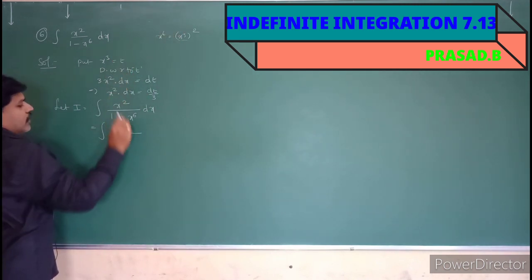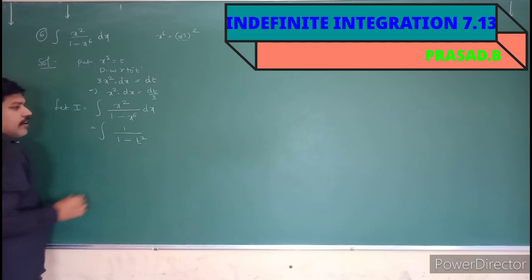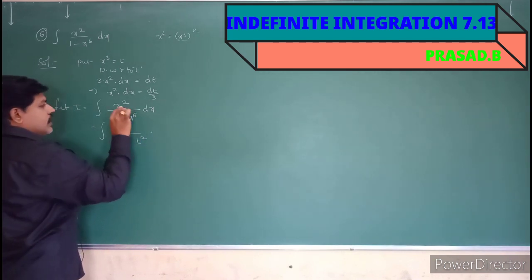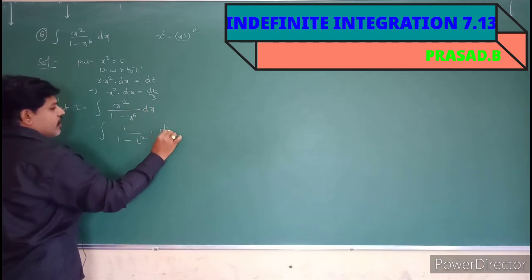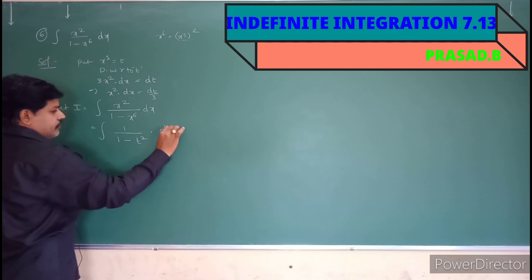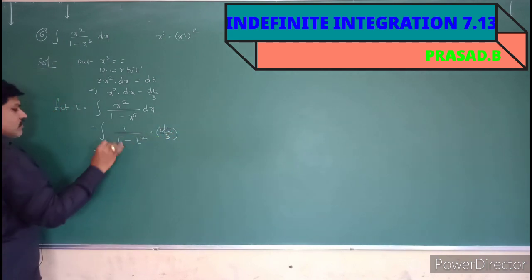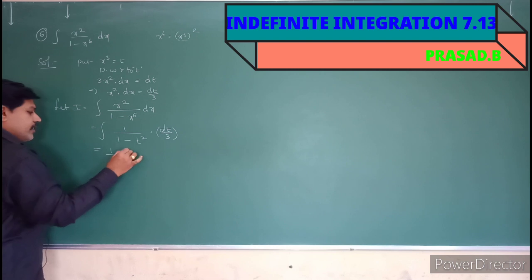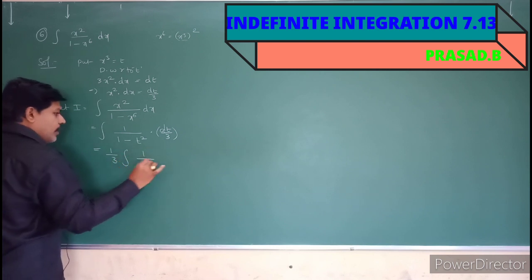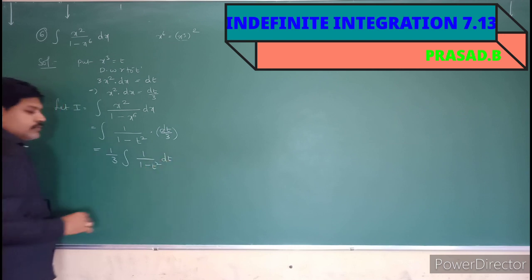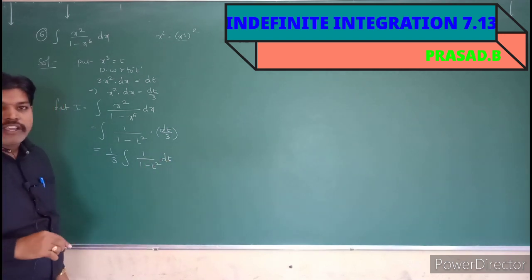X cube is t, so it becomes t square. If we take this 1 by 3 out, integral of 1 by 1 minus t square into dt.